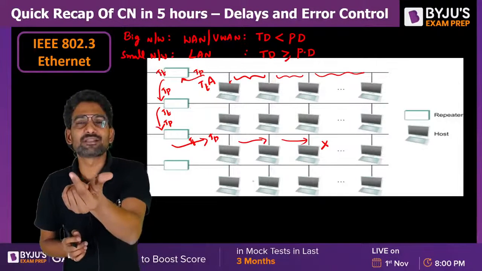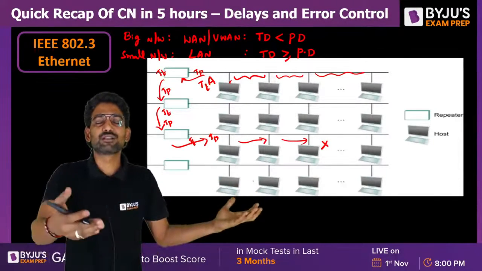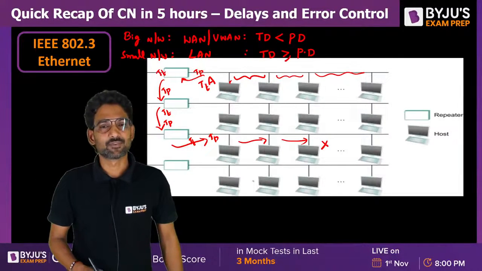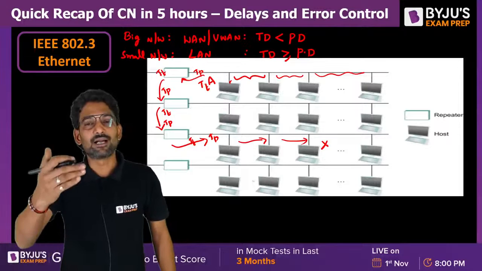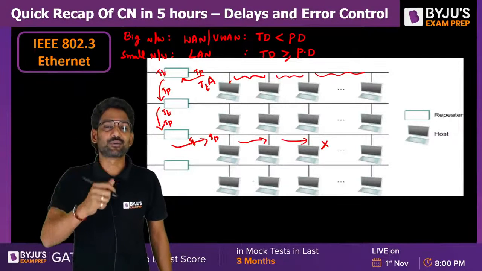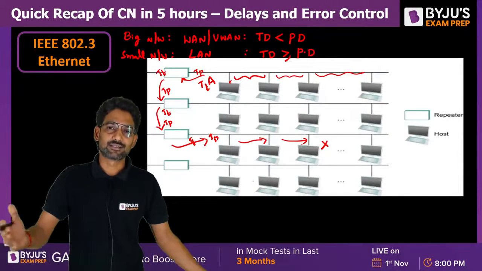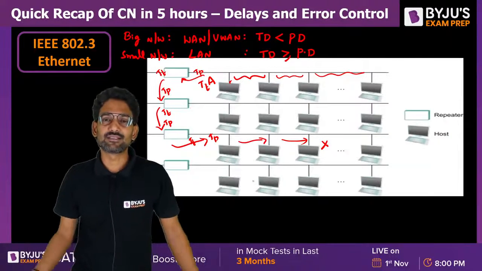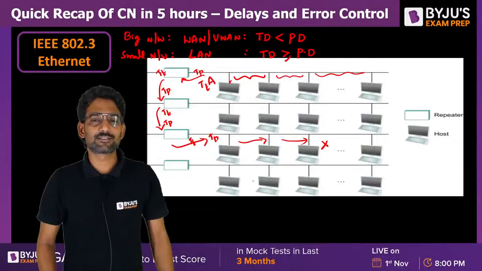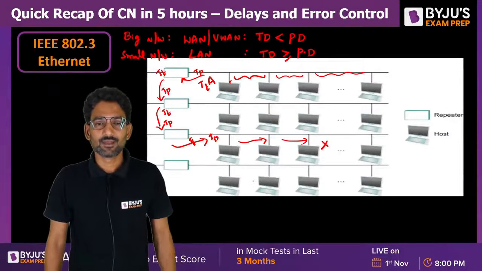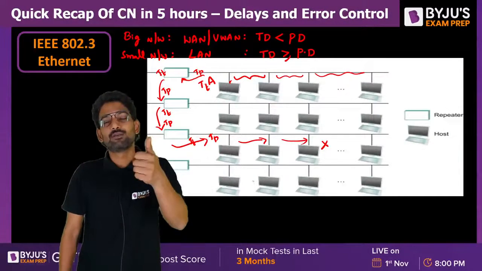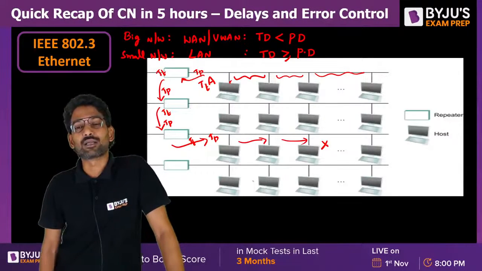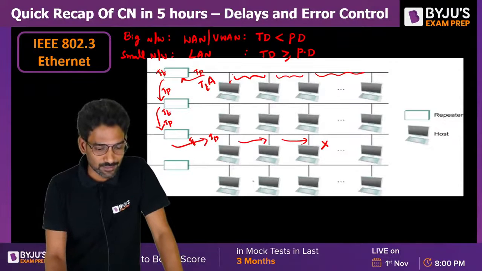Traveling time, propagation time, is very less, because the nodes are just nearby. We know length and propagation delay are directly proportional. So as the propagation delay is directly proportional to length, when the length is less, obviously propagation delay is less. So in small networks, we can take transmission delay will be greater than or equal to propagation delay.